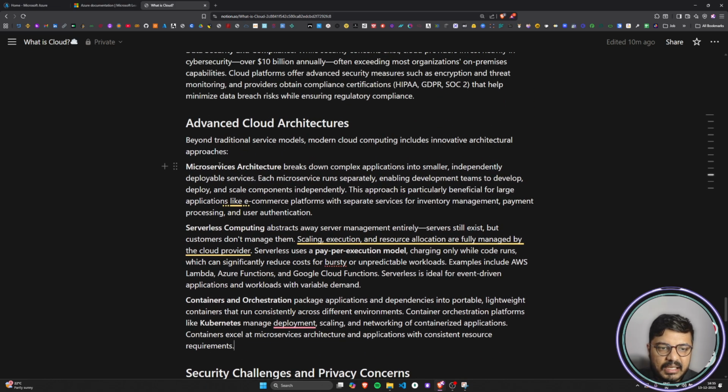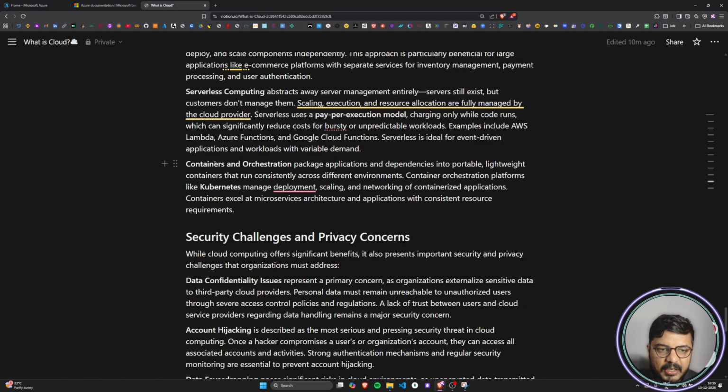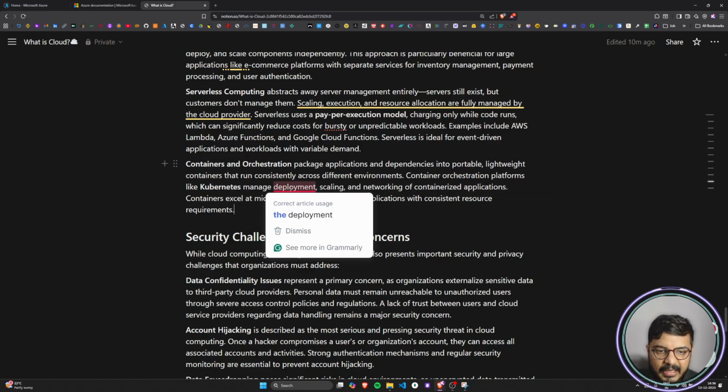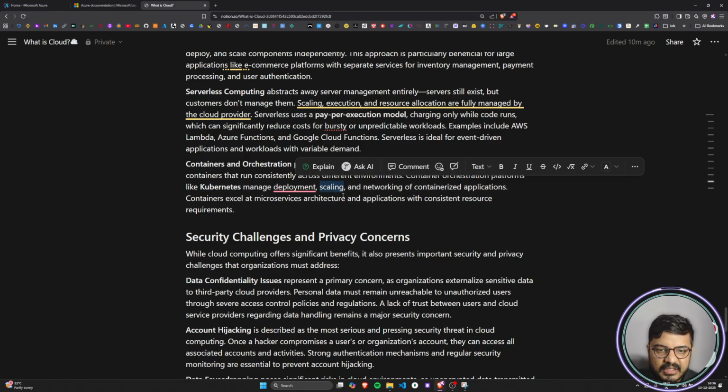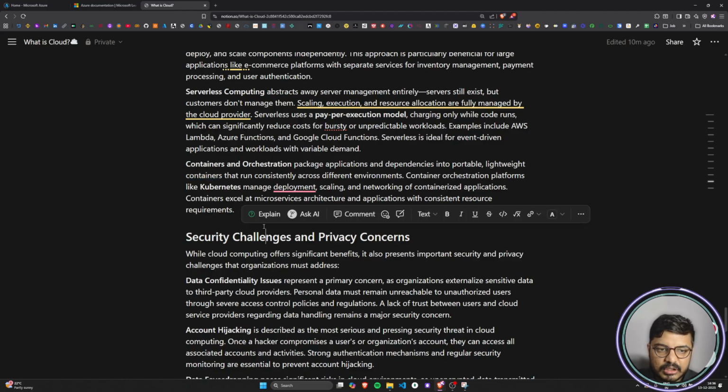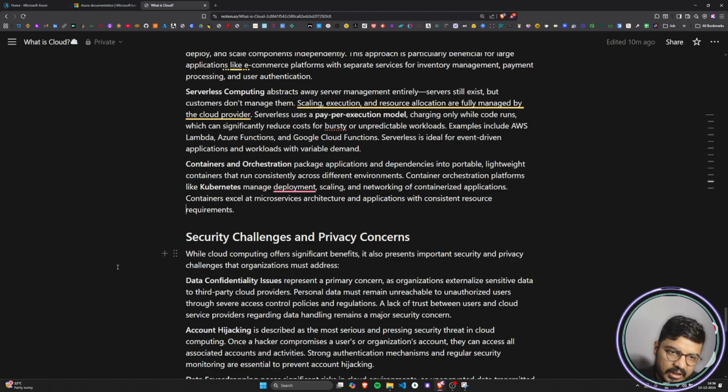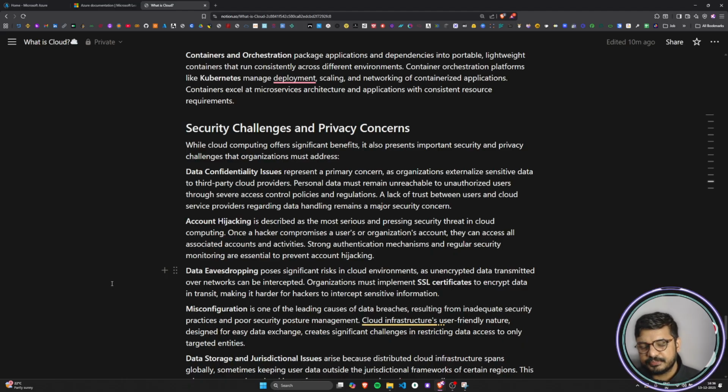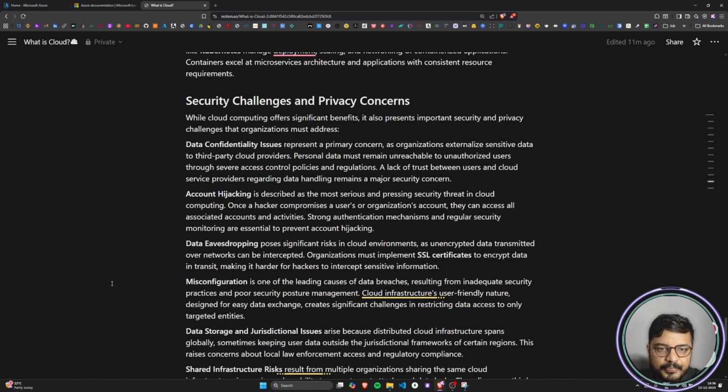So whenever we are dealing with microservice architecture, containerization and orchestration will be required, right? Platforms like Kubernetes will manage our deployment, scaling, and the networking inside my containers. What exactly containers are and what Kubernetes is, is not part of this video, so I will restrict myself from discussing that.